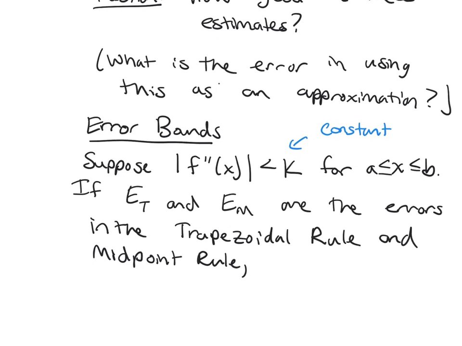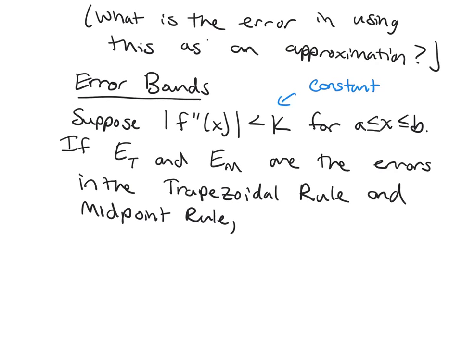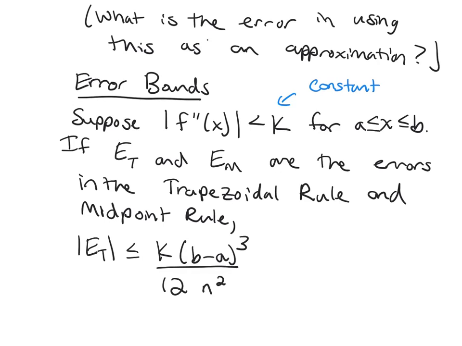Let me tell you what the bound is. The absolute value of E sub t is less than or equal to k times (b minus a) cubed over 12n squared.